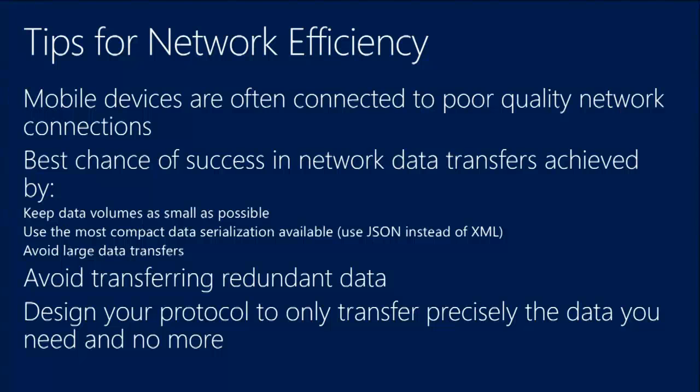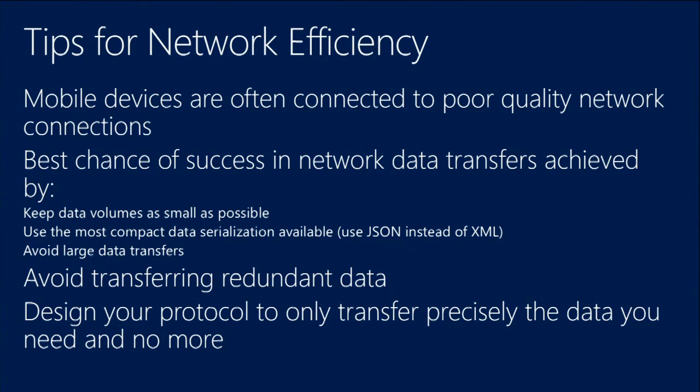Now, coupled with that, you as the developer can have a lot of influence on how successful network transfers are. This is where people are lazy. We've already got a web service out there which is giving you the data you need, so that's easy. You add a service reference, make a call, and pull back all the data, and then probably in your app you might use 5% of that data.